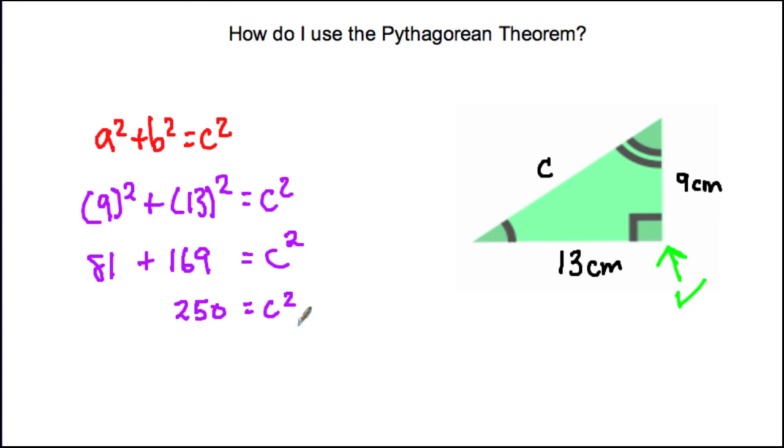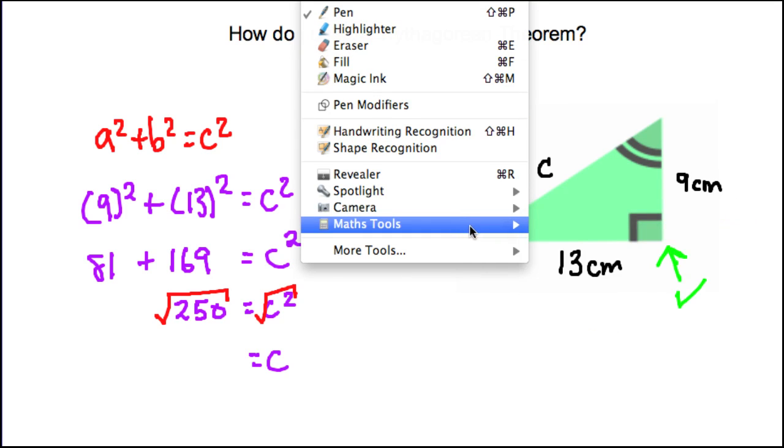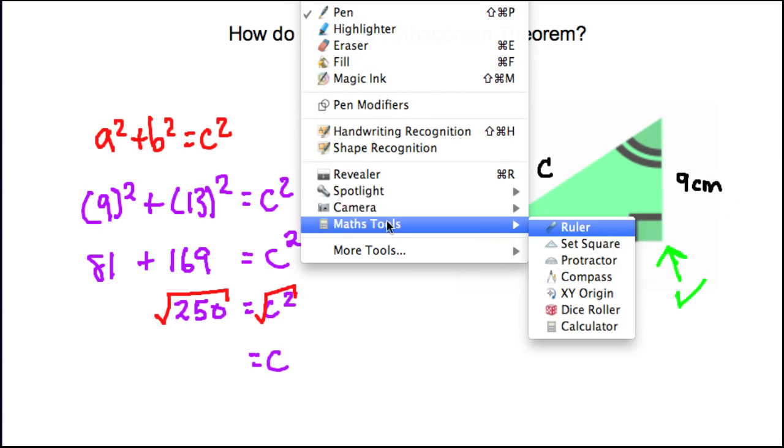To show that, I'm going to take the square root of the left and the square root of the right. So the square root of c squared is c, and the square root of 250 is, well, I'm not too sure, so I'm going to pull out a calculator to help me with that.